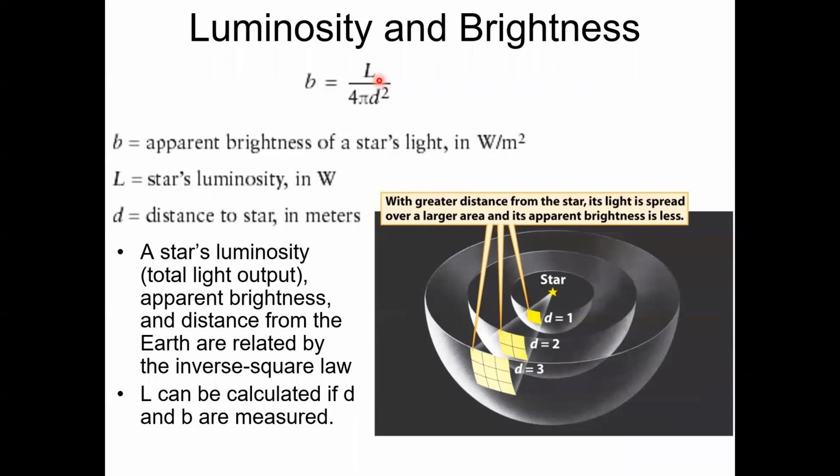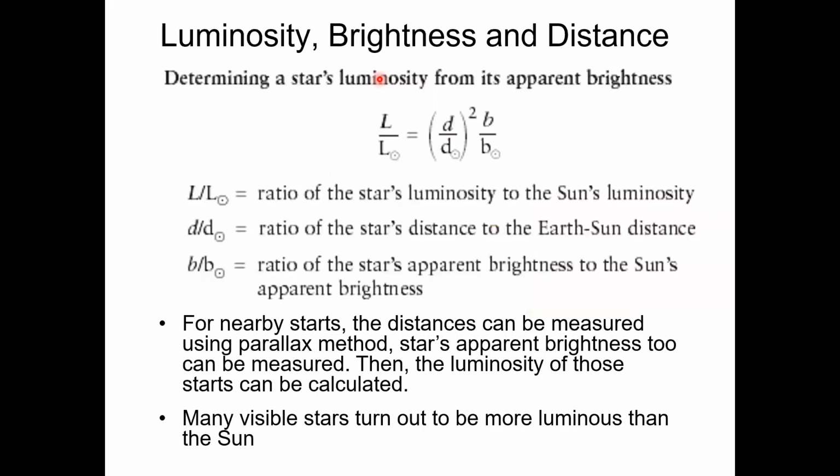And then you write the same equation for any other star, and then divide. Once you divide, you get this equation. So this is a relative equation, which tells you the total power output of that star as a factor of the total power output of the sun. So we are comparing the two power outputs.